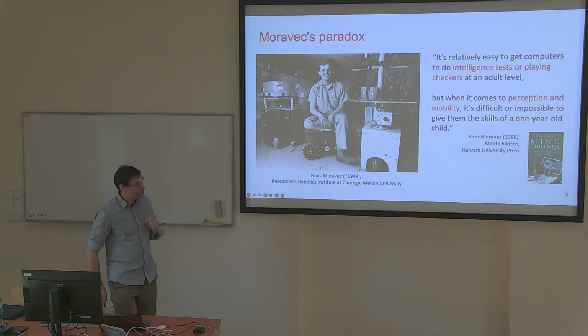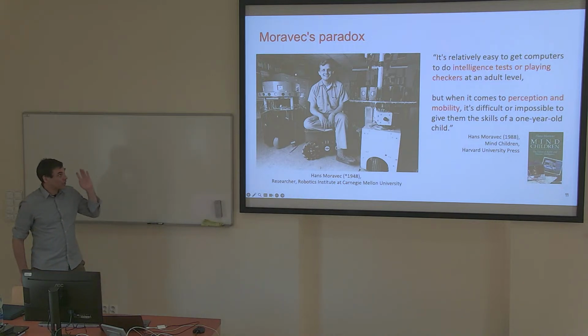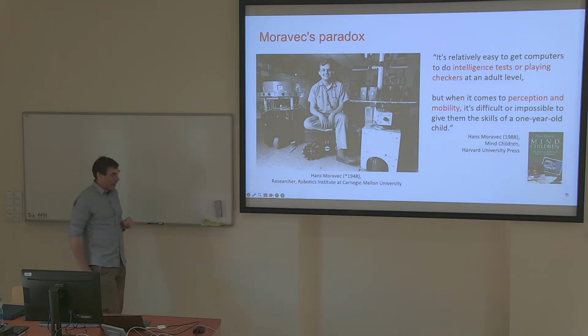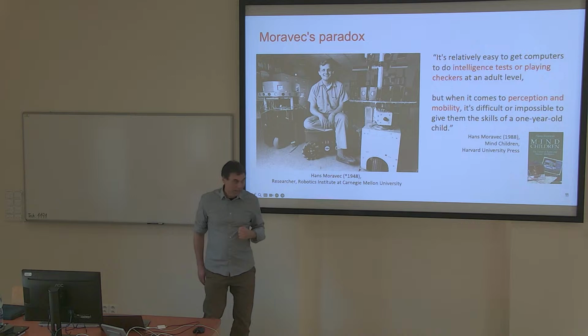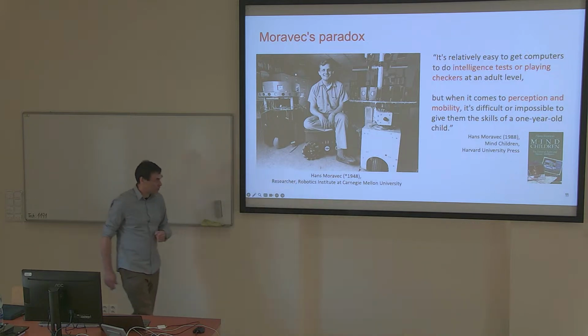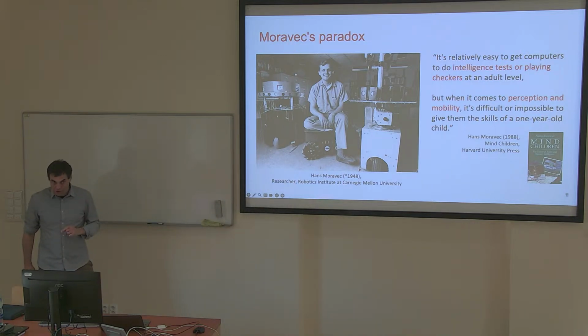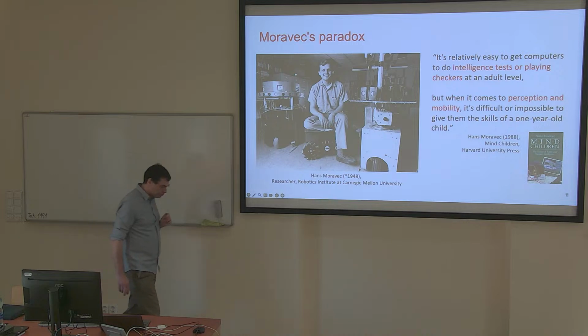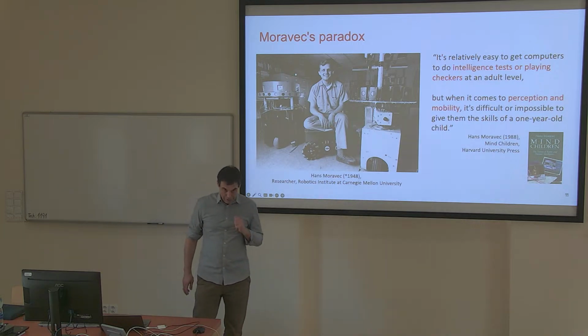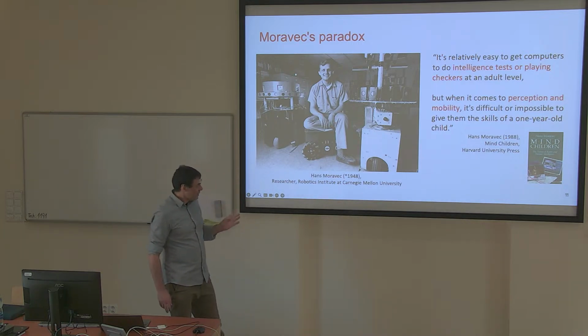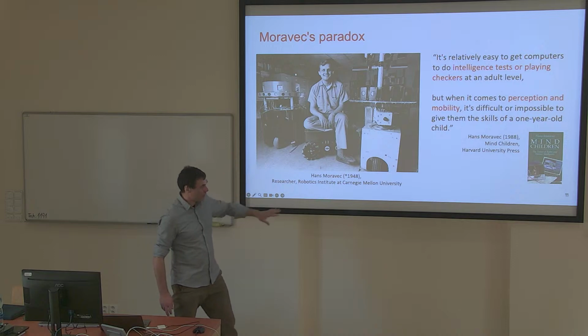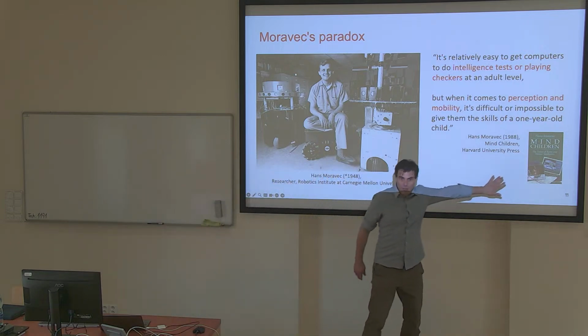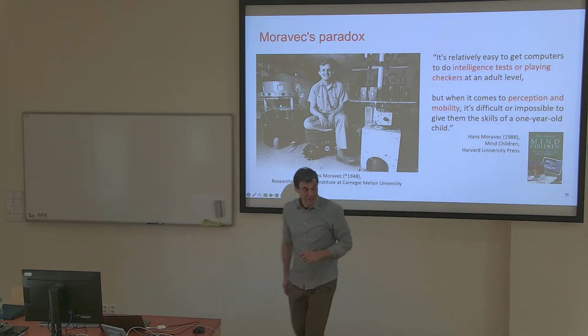This observation is not new. This is something which is called Moravec's paradox. It was already observed in the 80s by scientists like Hans Moravec, who is of Austrian origin, but worked at CMU in the States. He wrote a book, not a very thick one, but full of interesting insights.